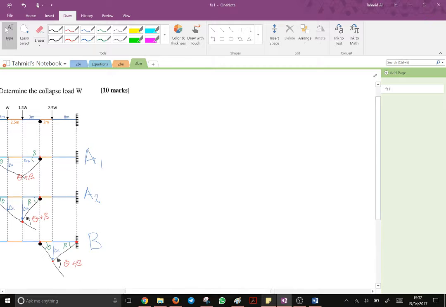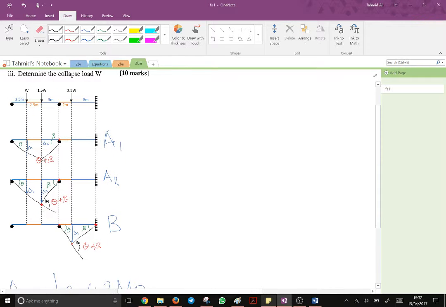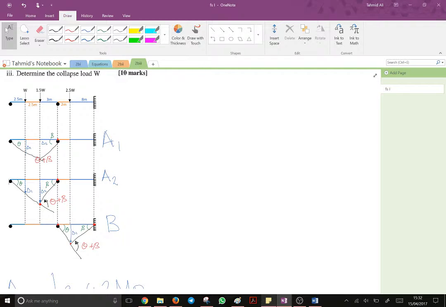So let's do the last bit. The last bit is a bit easier, there's less load, so we can probably work that faster. Let's get a relationship.